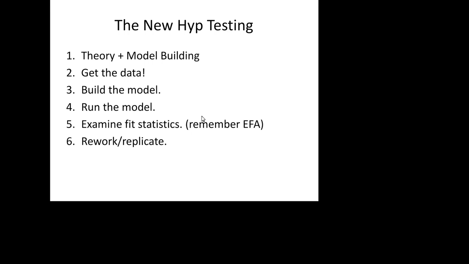So we would examine our fit statistics to see if we were correct. And then in a perfect world, we'd rework and replicate these types of models. And I think in SEM this is especially important because sometimes models don't replicate. They work for that data set, but maybe not another data set. So we really should be exploring when and how our models work.